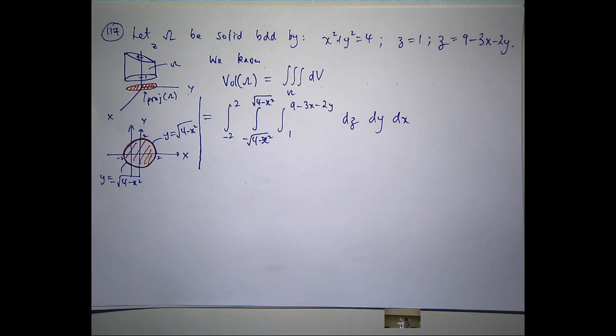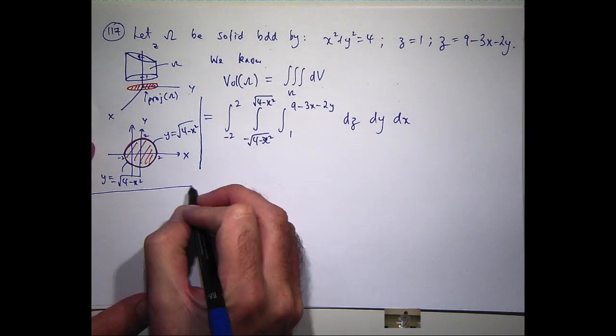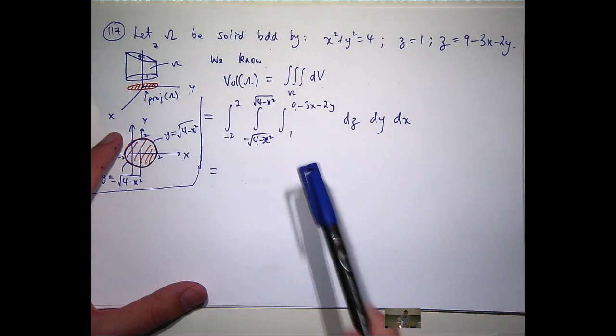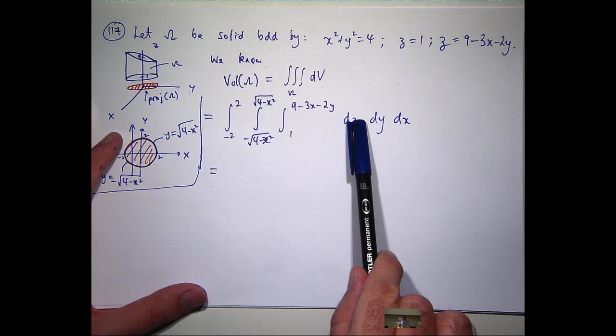Now, just looking at that integral, it's not very nice. So what I'm going to do is do the inside integral first and then switch to polars. But the only reason I describe this is just so you have a good understanding of the Cartesian setup. So let's do the inside integral first. I integrate 1 with respect to z.